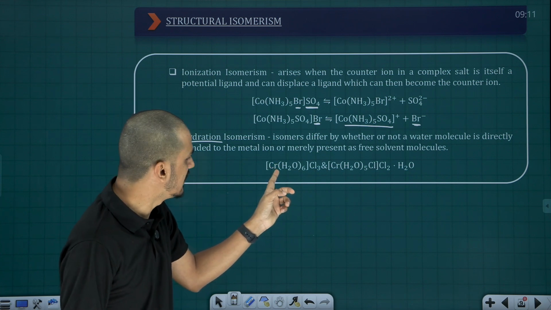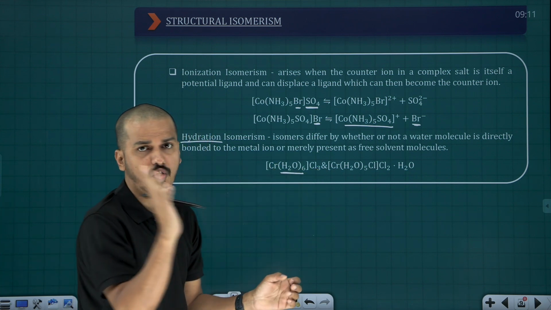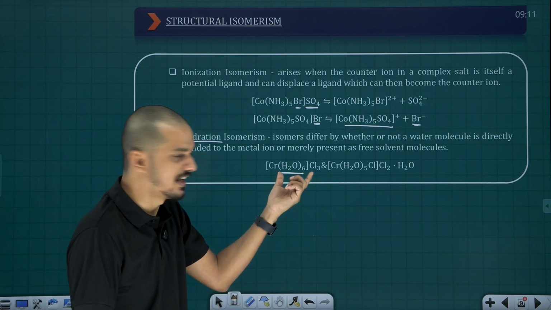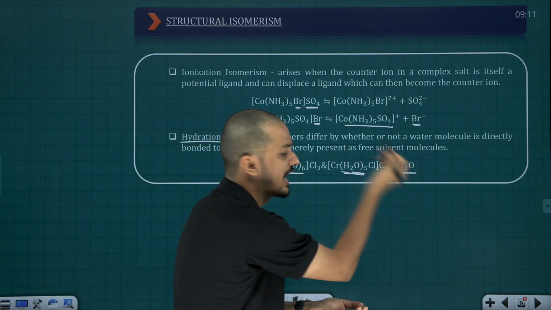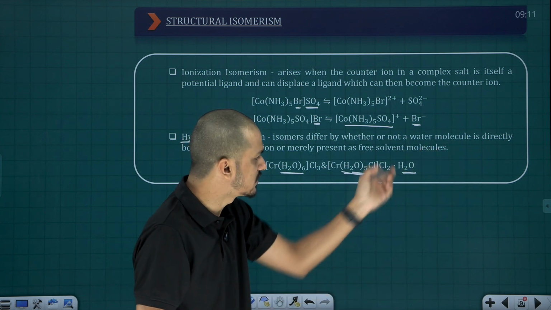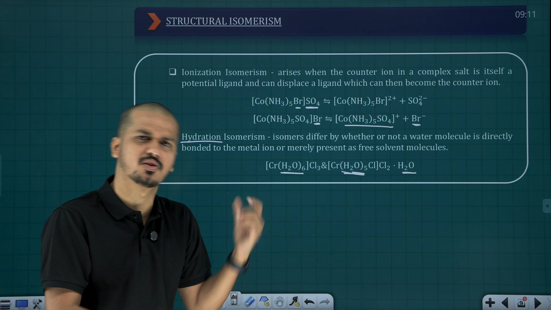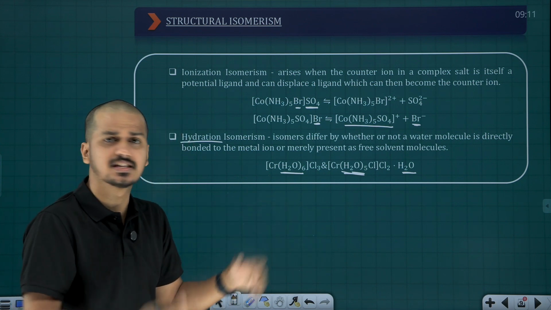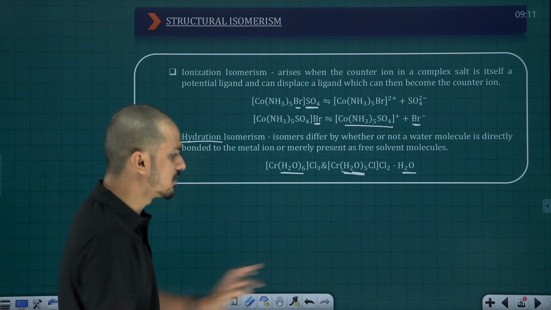Here you can see Cr(H2O)6Cl3, where all 6 H2O are present as ligand. In another case, only 5 H2O are present as ligand and 1 H2O as hydrate outside the coordination sphere. Idea clear? This is also called solvation isomerism. In that case, their color and so on will change.